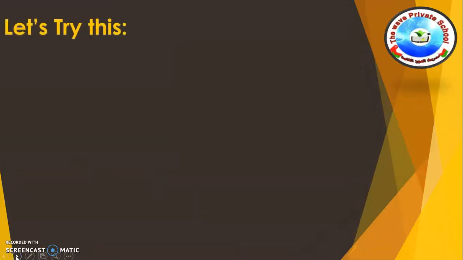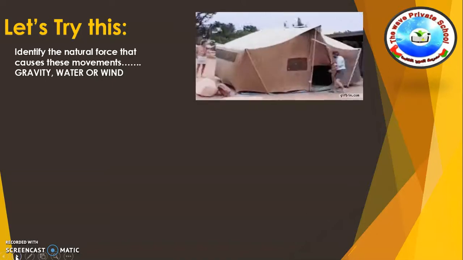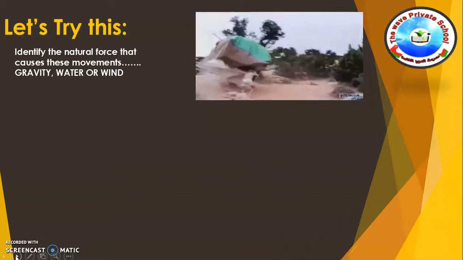Okay, now let us try to do this short exercise here. I want you to identify the natural force that causes these movements. Is it being caused by gravity, by water or wind? Okay, here it goes. Number 1. Look at that. So that is being caused by what?